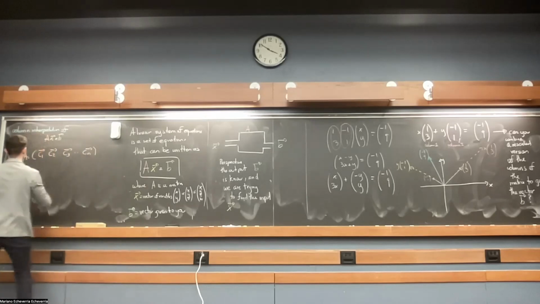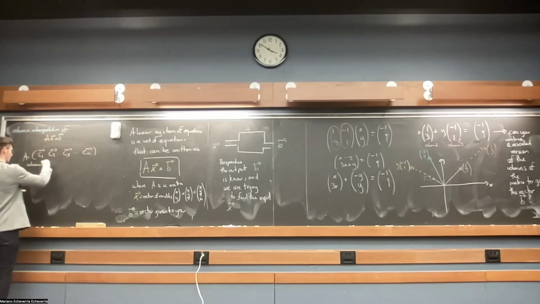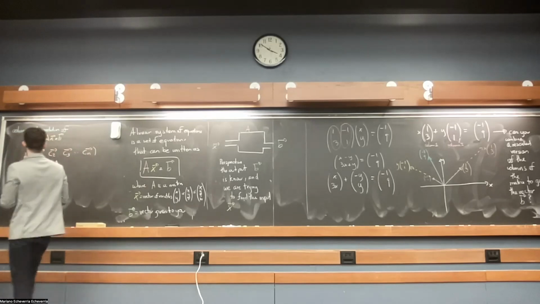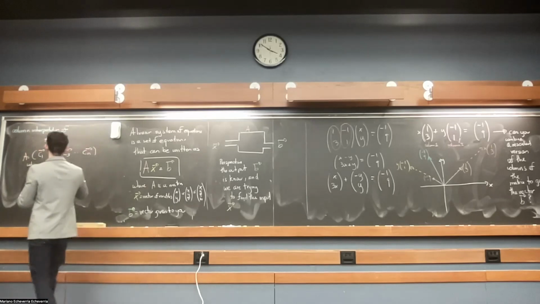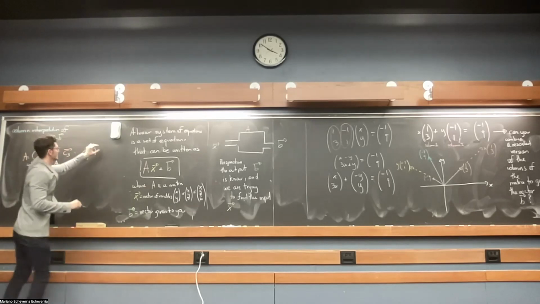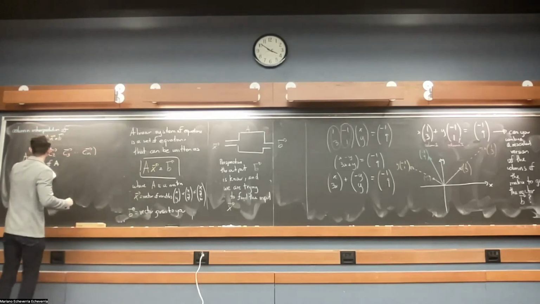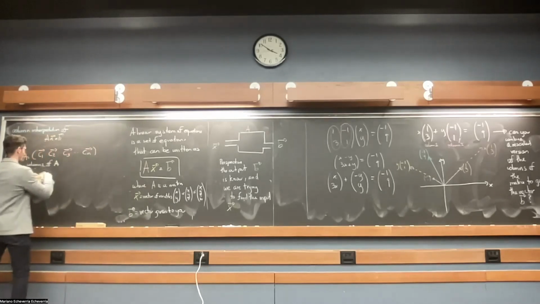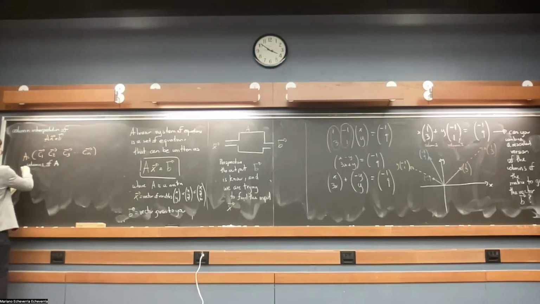These are the columns of A. And X is x1, x2, x3, up to xn.